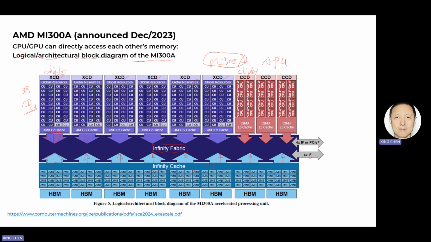At the end, my conclusion is that Hopper or Blackwell is still a PCIe equipment, a peripheral equipment connected to the system, to the ARM system.